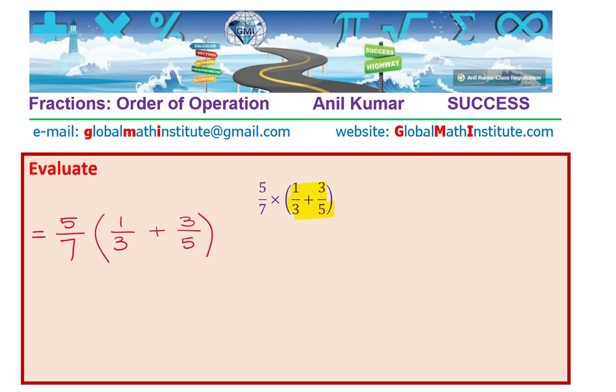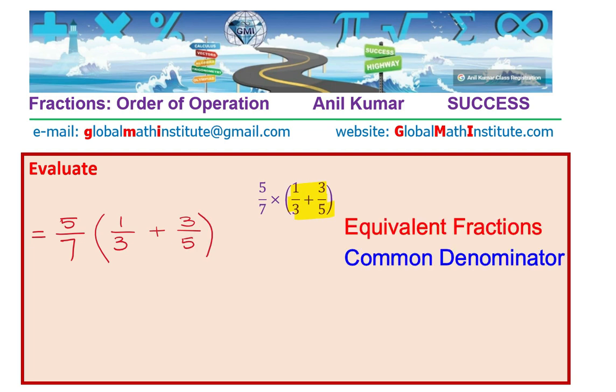So first step, we need a common denominator for 3 and 5. The lowest common multiple is 15. So we'll make each one of them 15. To make the first one 15, we need to multiply by 5, and the other one by 3. So 3 times 5 is 15; we'll multiply the numerator also by 5.